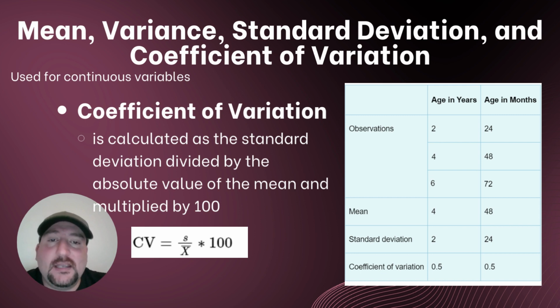We can see that the standard deviation will differ. The standard deviation for age in months is exactly 12 times the standard deviation of the age in years, but the CVs show that they are the exact same variation relative to their mean.